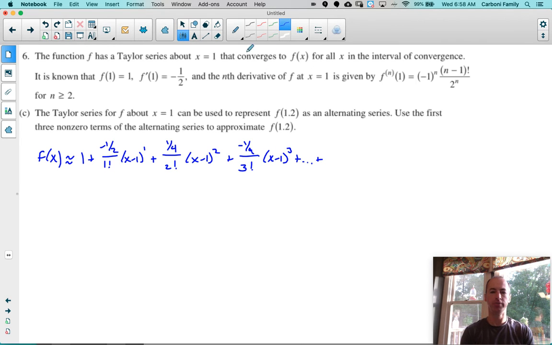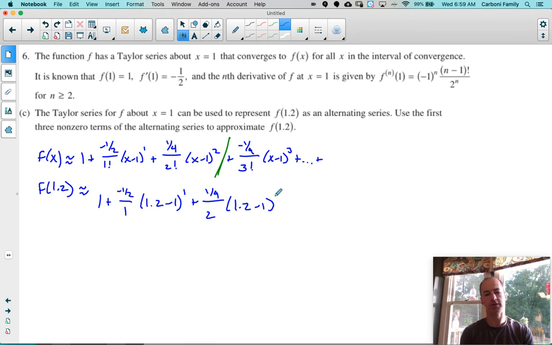This is going to be super easy because for f of 1.2, all you have to do is plug 1.2 into the first 3 terms. So that will give me 1 plus -1/2 over 1 times 1.2 minus 1 to the first plus 1/4 over 2 factorial, which is just 2, times 1.2 minus 1 squared.